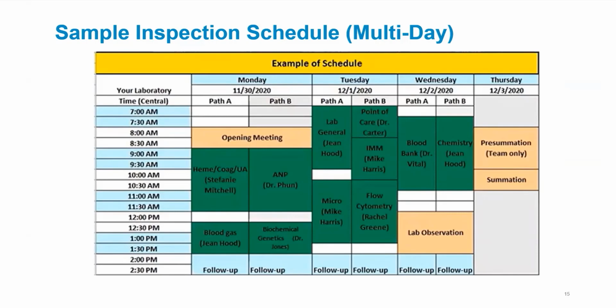The laboratory is only able to provide 2 camera operators per day, one on path A and one on path B. Based on the team and laboratory needs, the team leader and director have agreed to conduct this inspection over 4 days following the schedule you see on the screen.